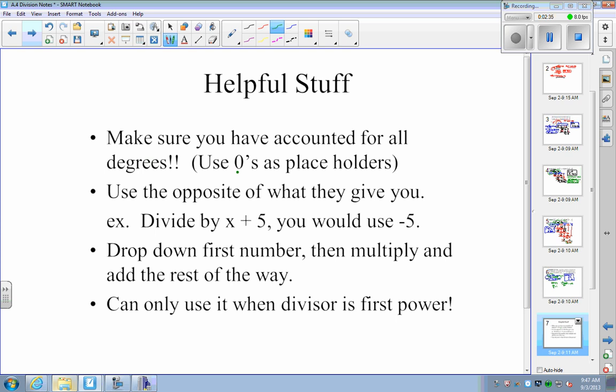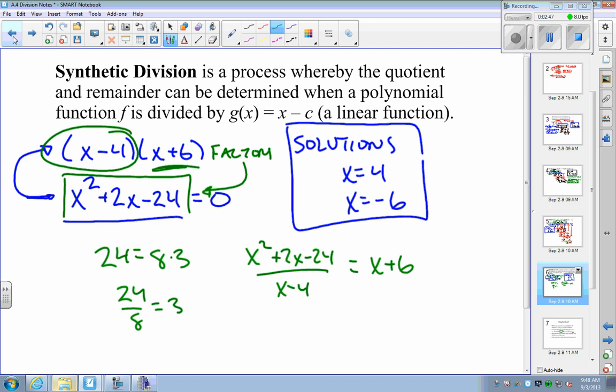Most importantly, use the opposite of what they give you. So if they ask you to divide by x plus 5, you're using a negative 5. In the same way that 4 is your solution to this quadratic, you're using the opposite. It's basically a way to find solutions.